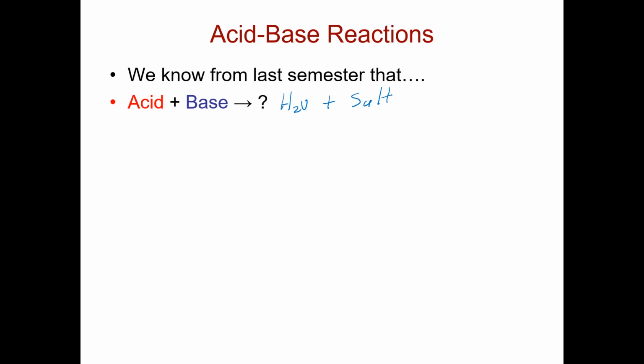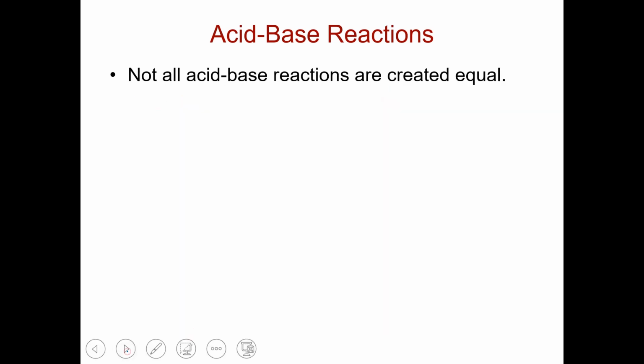So we kind of just assumed that we would be reacting a strong acid and a strong base and get water and salt. But we know now that we also have weak acids and weak bases. So not all acid-base reactions just give us a salt by itself that has a pH of 7 in solution.